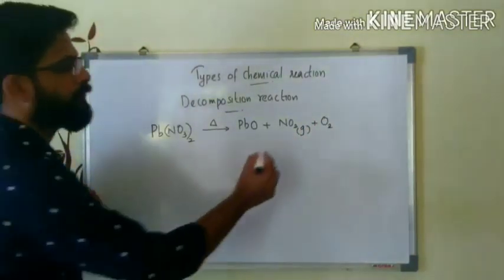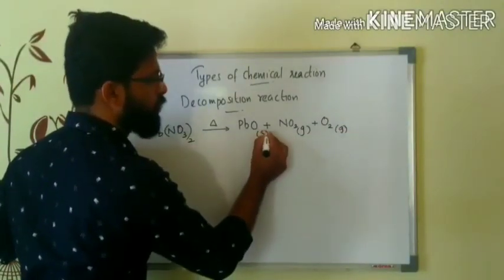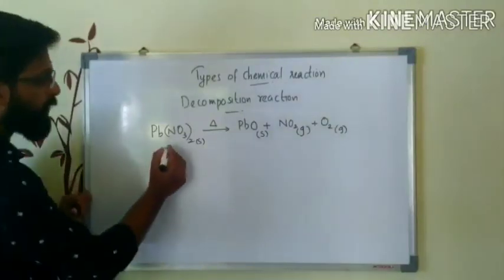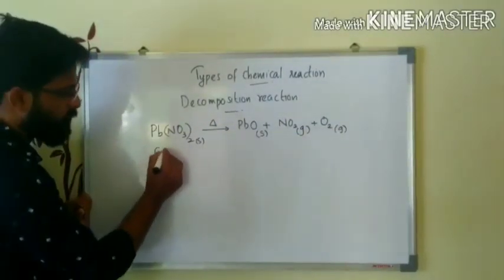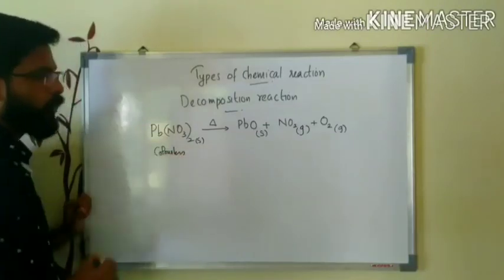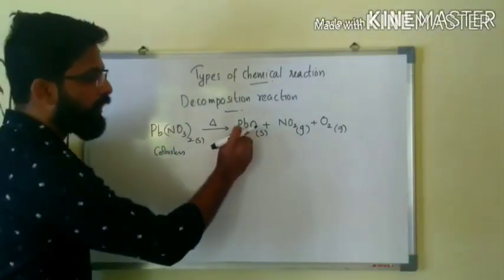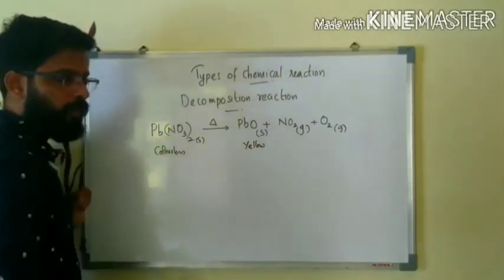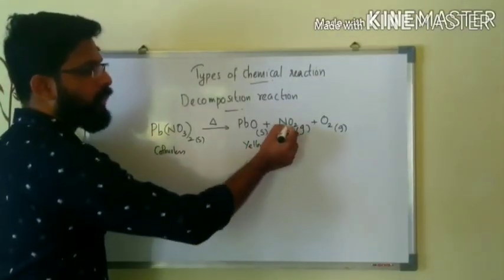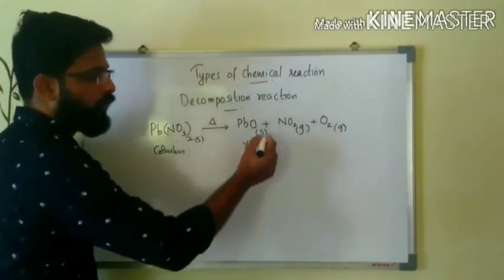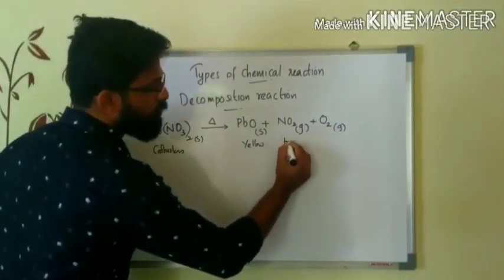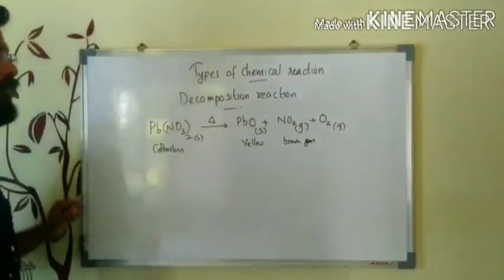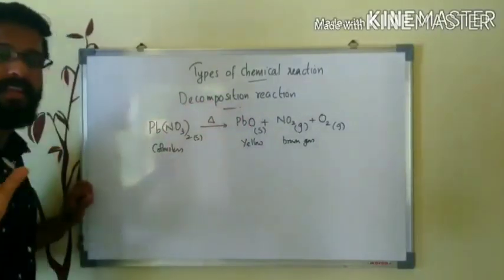Lead nitrate and lead oxide are solids. Lead nitrate is a colorless substance. On heating, it changes to lead oxide, which is yellow. At that time NO2 gas evolves out; NO2 is a brown gas. Oxygen doesn't have any color.